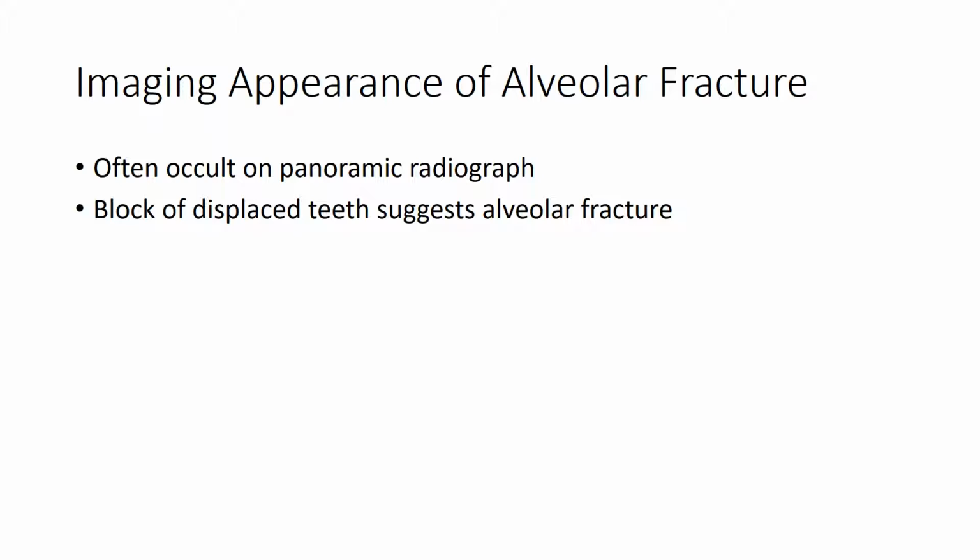Alveolar fractures can be difficult to detect on panoramic radiographs, particularly in the anterior maxilla. And on CT, the hallmark is, of course, the buccal and lingual plate fractures, but you'll often see a block of bone that may contain teeth all moving in the same direction.